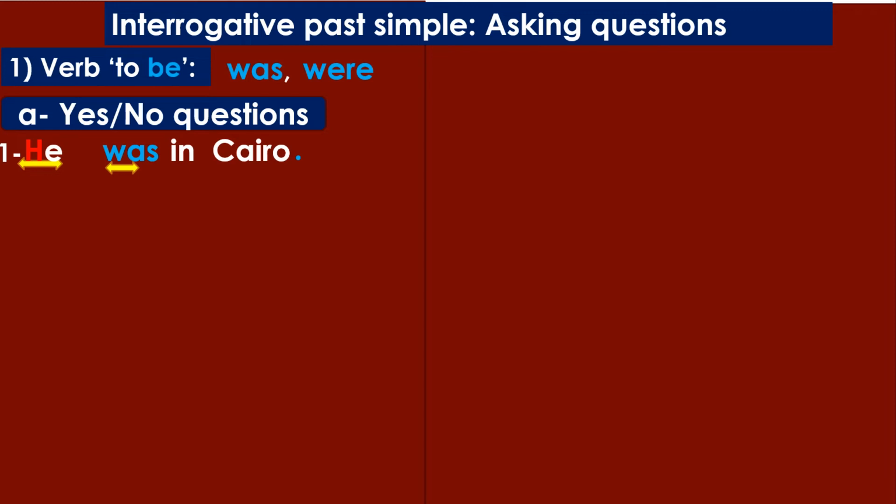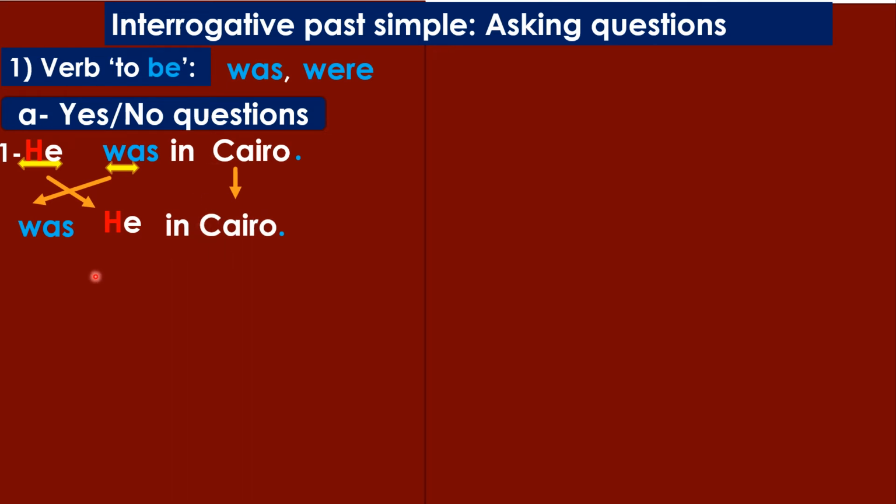Yes, inversion means swapping. So he was is going to be was he. And we're going to have in Cairo as it is because it's a yes no question. In Cairo stays as it is.